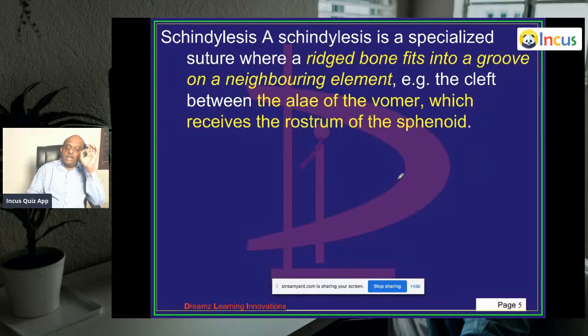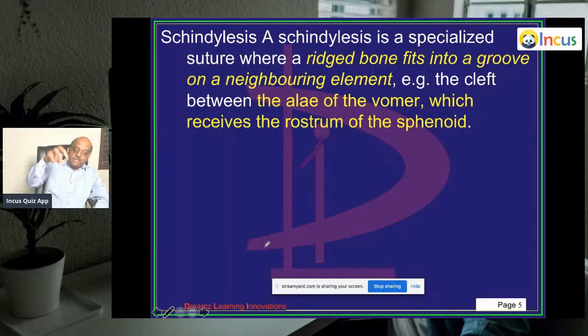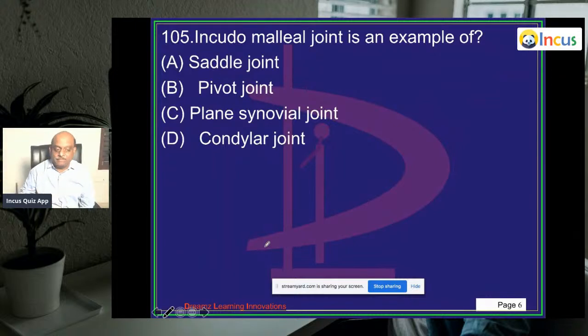Schindylesis is a specialized suture, where a rigid bone fits into the groove of a neighboring element. That's how the cleft between the ala of the vomer receiving the rostrum of the sphenoid is called schindylesis, is what you need to remember.